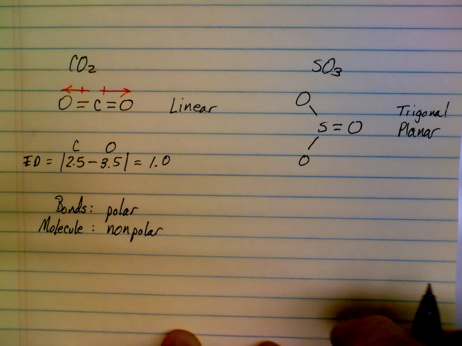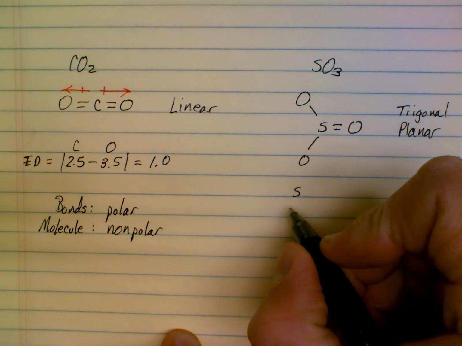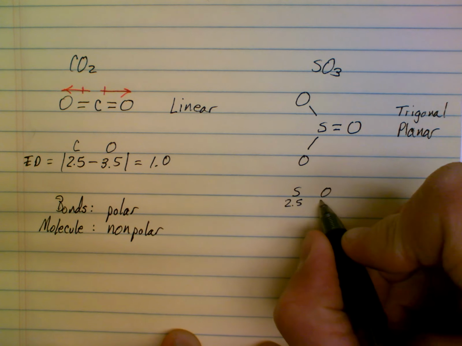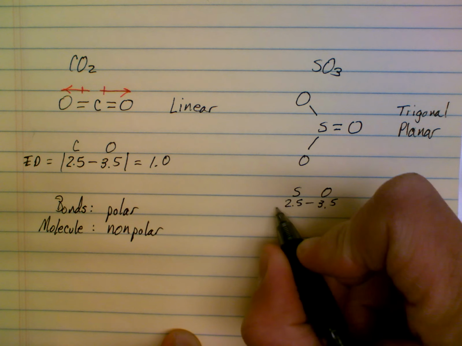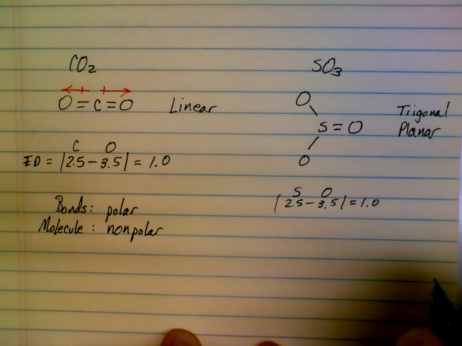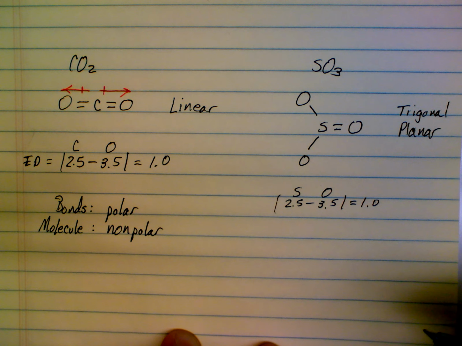Now, if I were to consider the electronegativities of sulfur and oxygen here, sulfur has an electronegativity of 2.5 and oxygen has an electronegativity of 3.5. So again, we have a difference here of 1.0. And just like the carbon dioxide with an electronegativity difference of 1.0, this is going to be a polar bond.